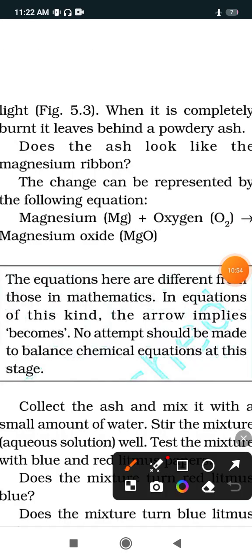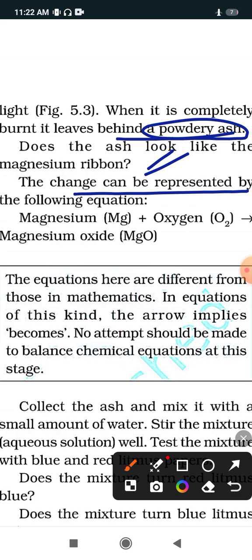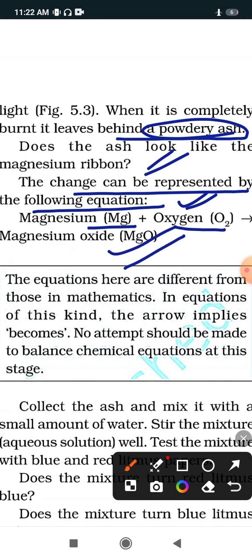Now what happened? When it is completely burned, it will form ash. Now does the ash look like the magnesium ribbon? The change can be represented by the following equation. Now see, magnesium and oxygen form magnesium oxide. Clear?